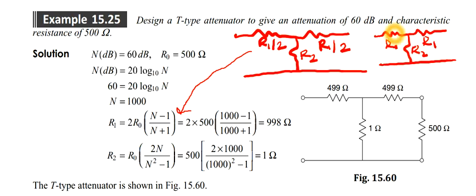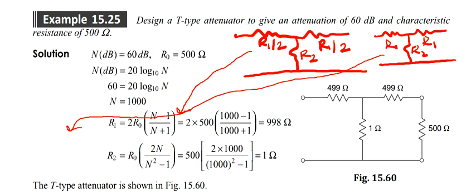So this is also a symmetrical attenuator, right? You might be seeing this kind of circuit in my notes. So this is also valid. For this kind of circuit, the formula of R1 will be different. What will be the formula of R1 for this kind? I will be writing here.